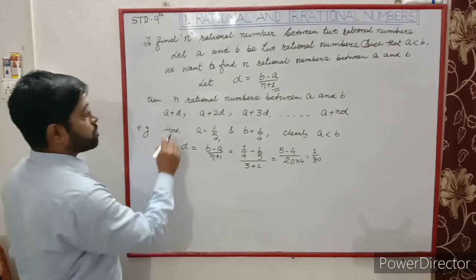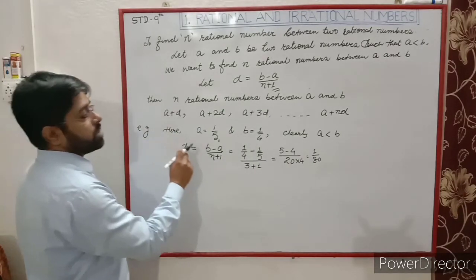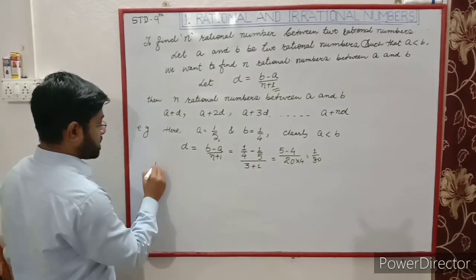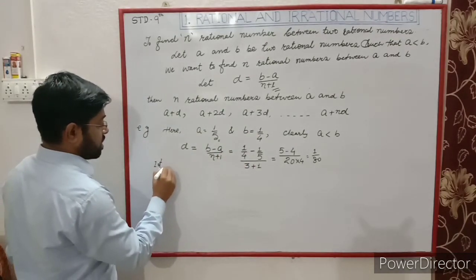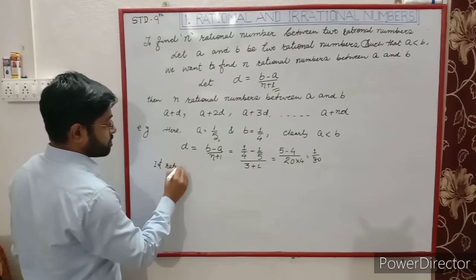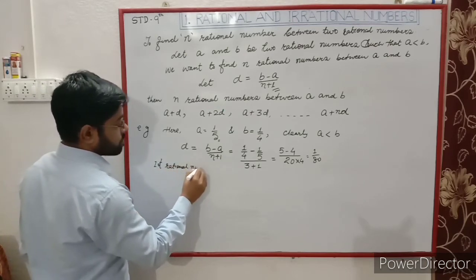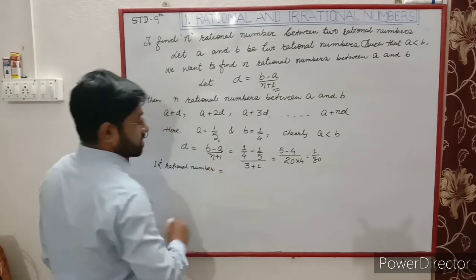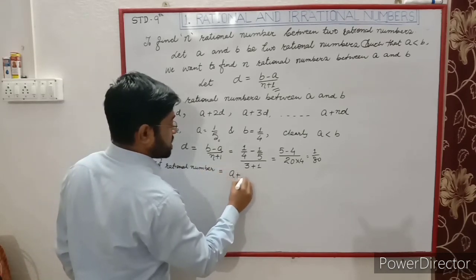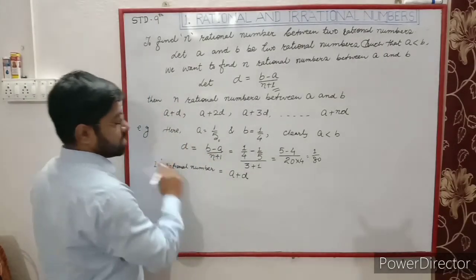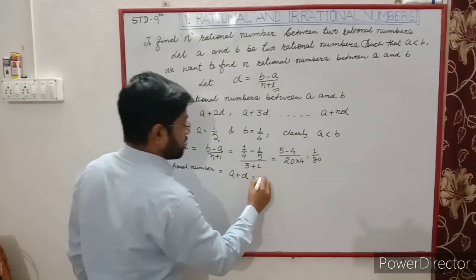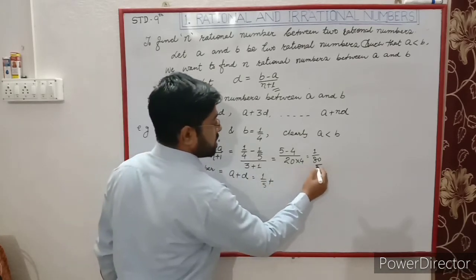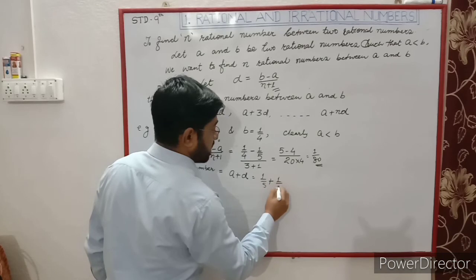Now we have to find three rational numbers between 1 by 5 and 1 by 4. So the first rational number is a plus d. The value of a is 1 by 5 plus the value of d, 1 by 80.